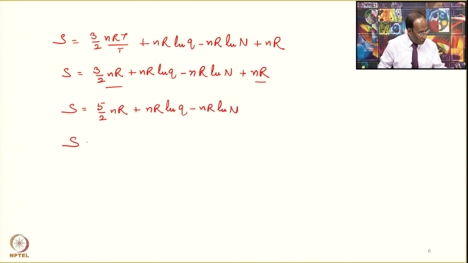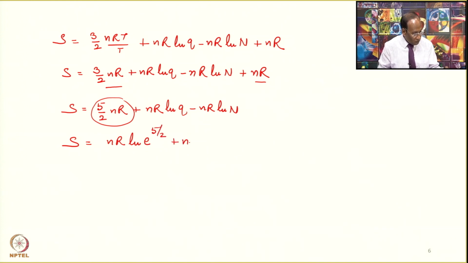Let us see, can we now convert this 5/2 nR into some logarithmic term? We can do that. It is going to be nR log exponential 5/2 plus nR log Q minus nR log n, right?